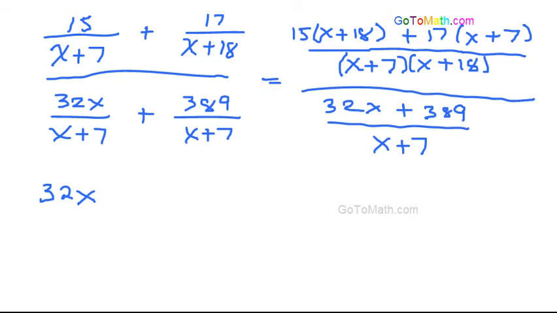So we got 15 times 18 plus 17 times 7, and 389. Plus 389. And then let's not multiply that stuff together just yet.